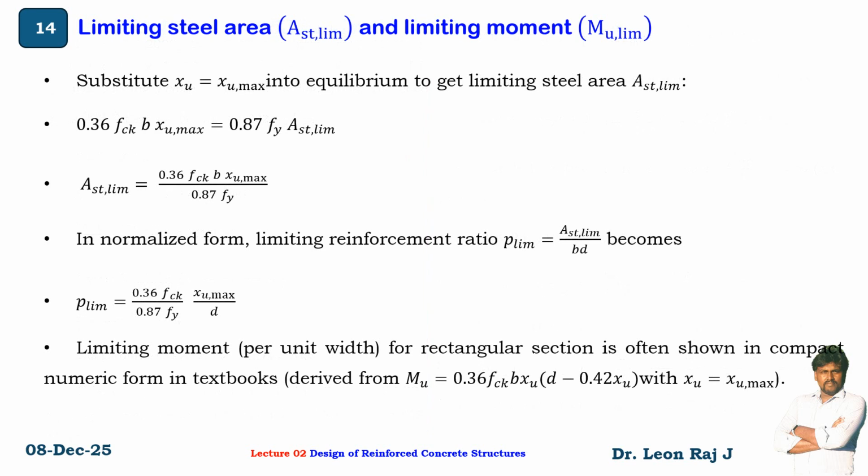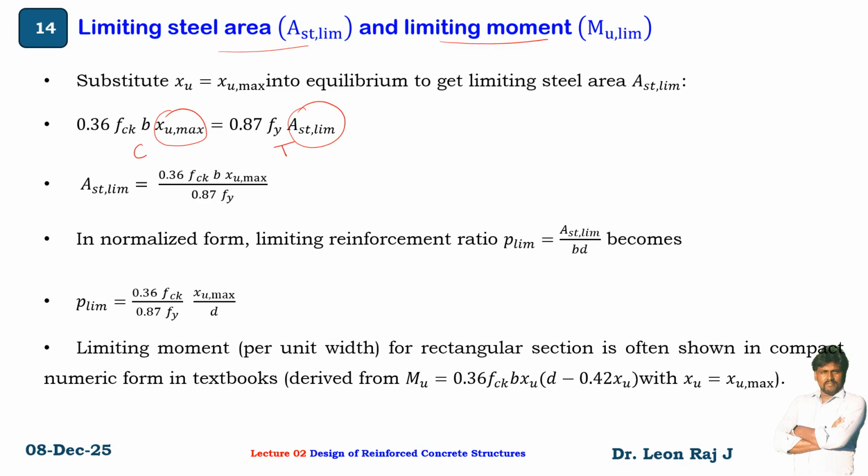So now, limiting steel area and limiting moment. How do we arrive at the Ast limit? We just equate the compression force and tensile force. When Xu equals Xu max, Ast is equal to Ast limit.